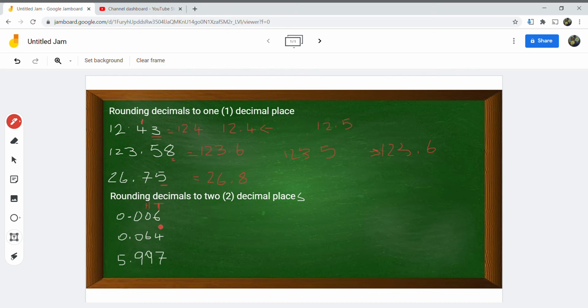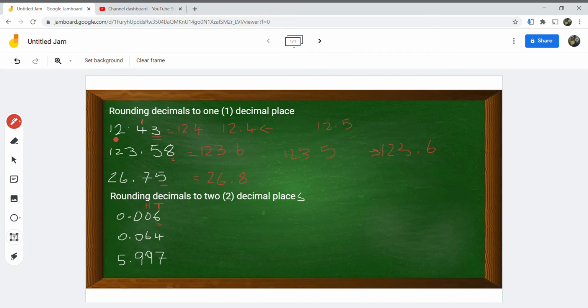So 6 here is found in the thousandths position, right? And because 6 is above 5, we are going to run it up. That means that this 0 now is going to become the next number going forward, which is 1. So your answer, and as I said before, we bring back everything in front of the thousandths position, just like what we did here, where everything came back before the hundredths position, right?